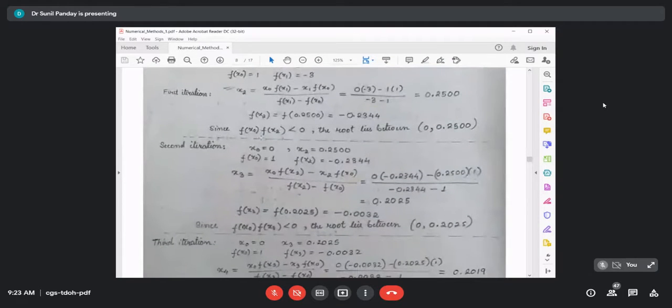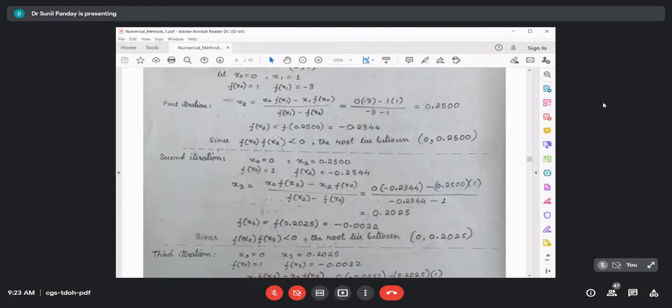So here f of x0 into f of x2 is less than 0. So it means in the above formula our x1 is replaced by x2, because now the root is lying between x0 and x1 in this interval.